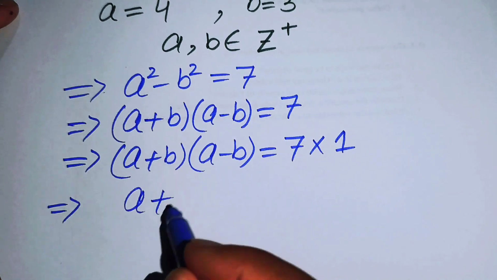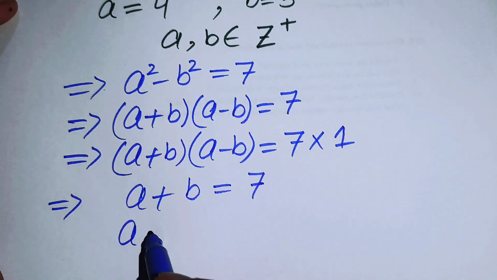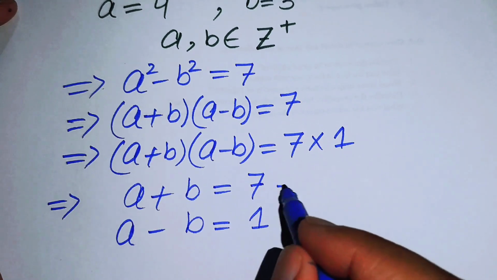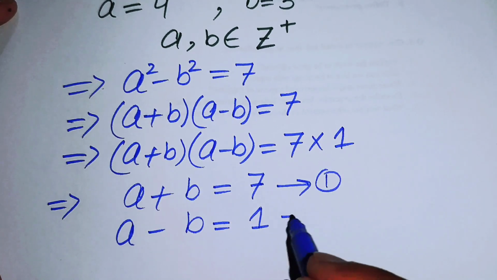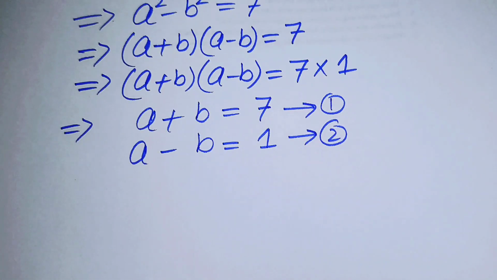The first is a plus b is equal to 7, and the second is a minus b is equal to 1. So here we have these two equations, and now we will solve them. We first find the values of a and b, and after that we will back substitute to get the value of n.